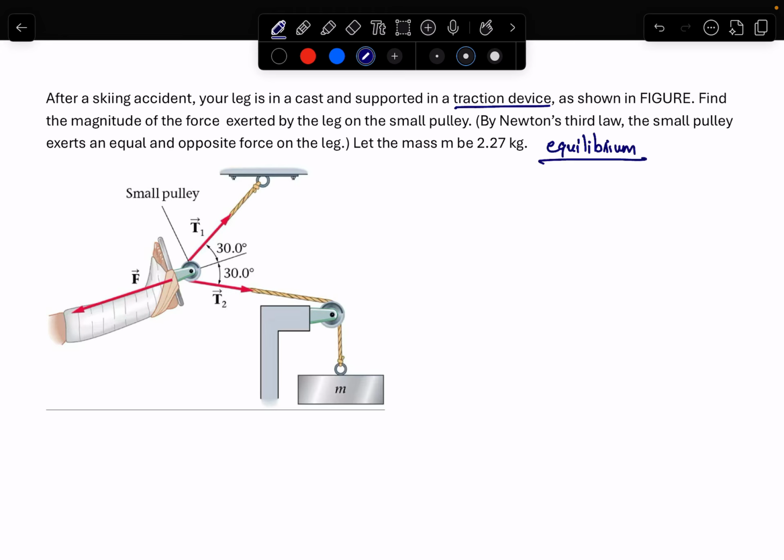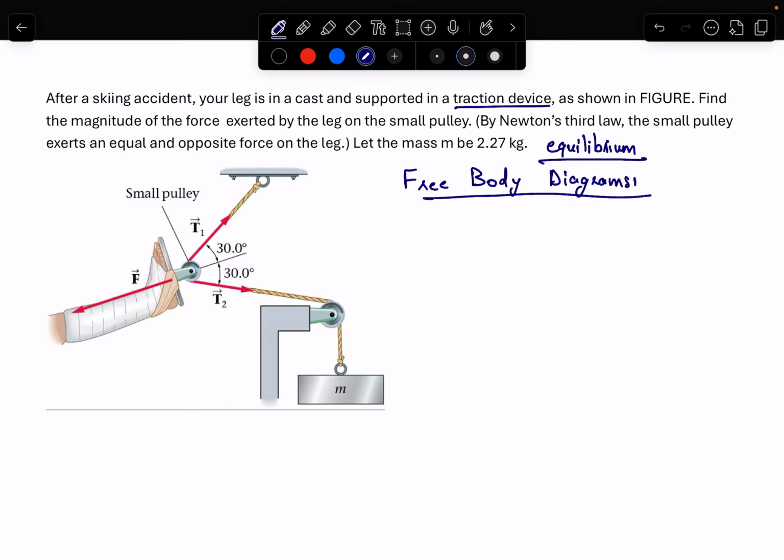So that's what we will assume. Everything is at rest. Nothing is moving, right? So let's start with the free body diagrams.